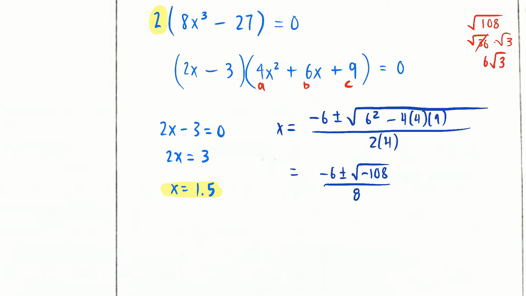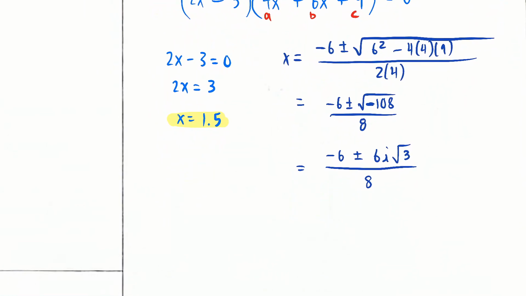So square root of 36 becomes a 6, and the 3 gets trapped inside. So here's how this reduces, guys. Ready? Negative 6 plus or minus 6, don't forget the negative, i times the square root of 3 over 8. Now, hopefully you guys see this. If you left it like that, I probably wouldn't mark it wrong. But you notice how all 3 of these things, 6, 6, and 8, are all divisible by 2.